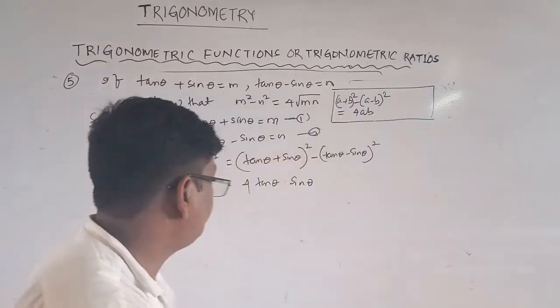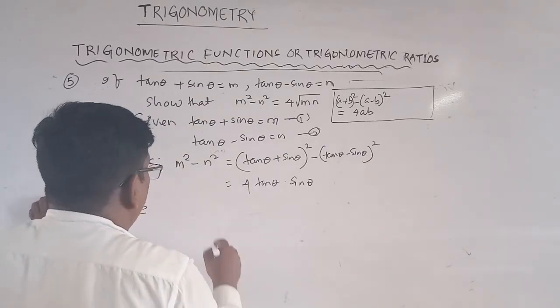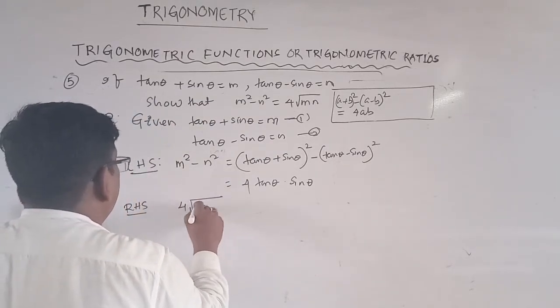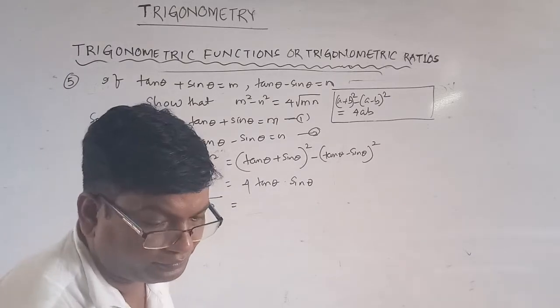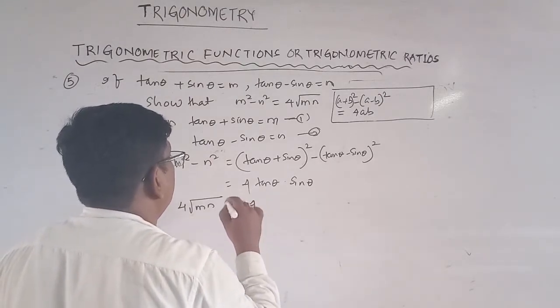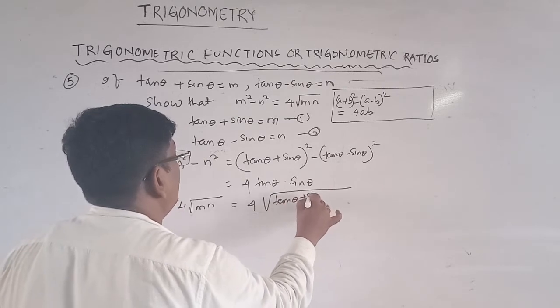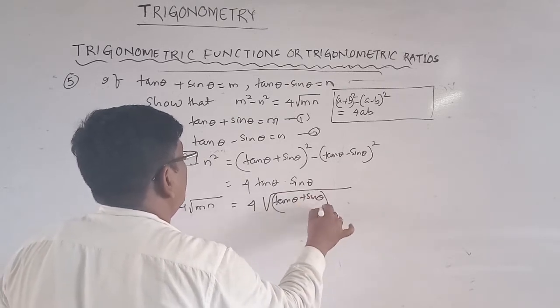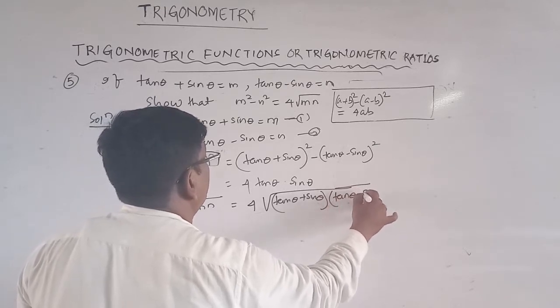Now right hand side, RHS: 4 root over mn. That is 4 root over tan theta plus sin theta into tan theta minus sin theta.